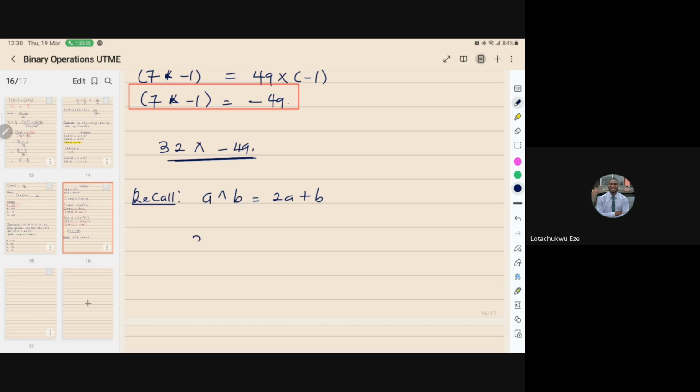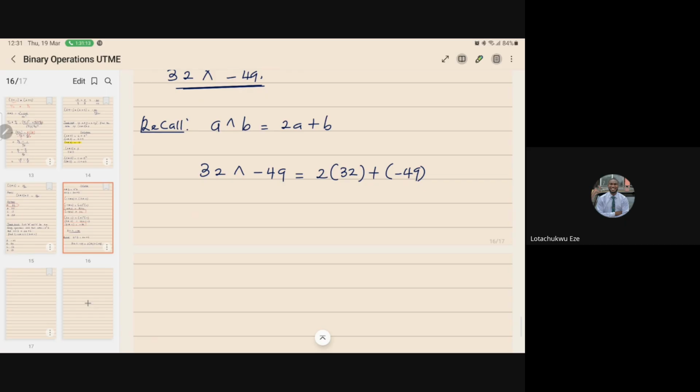So that means I have 32, the symbol, minus 49 is equal to 2, open bracket, a is 32, close bracket, plus b is minus 49.